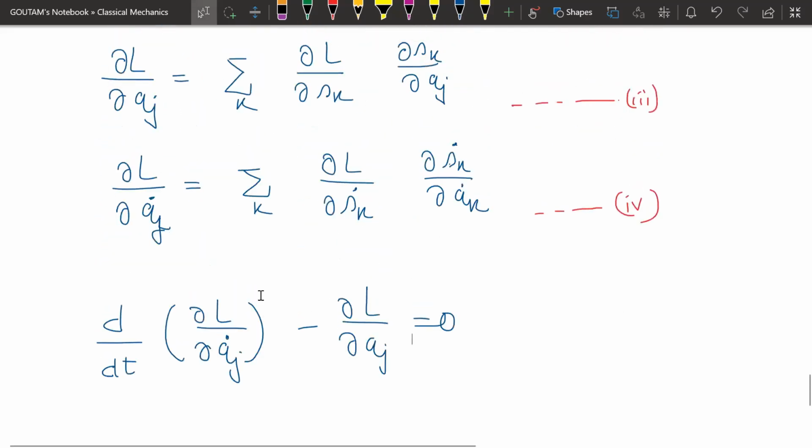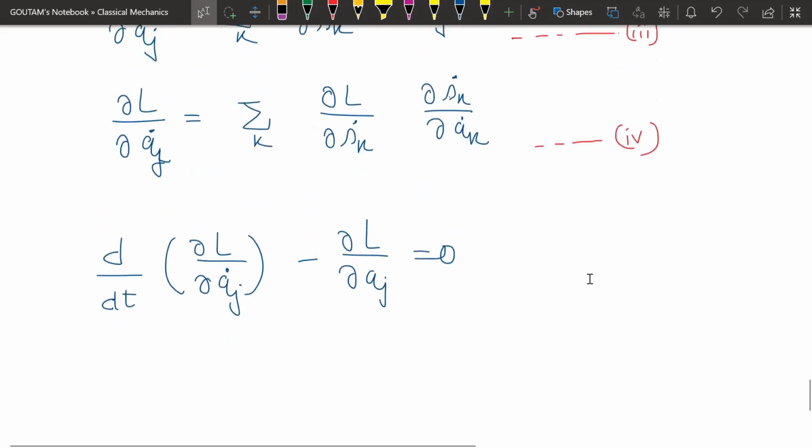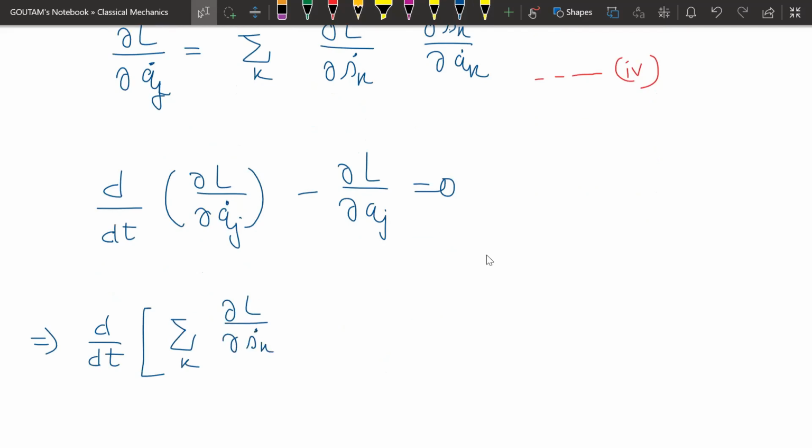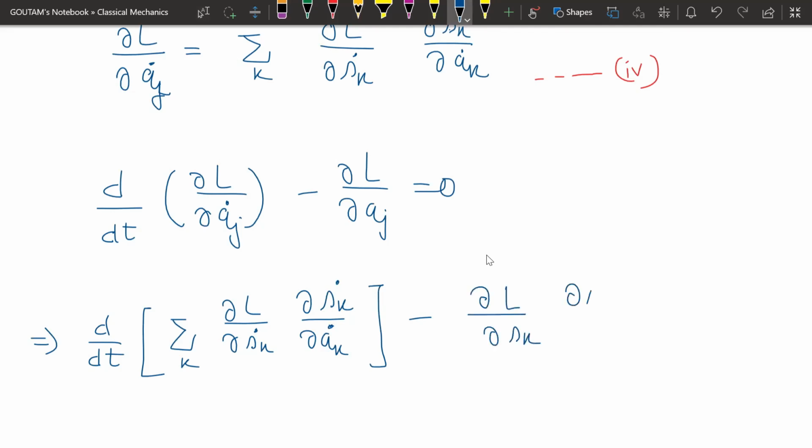Now if we transform them, from equation 2 we can write ddt of sum over k del L del sk dot del sk dot del qj dot minus sum over k del L del sk del sk del qj equals 0.